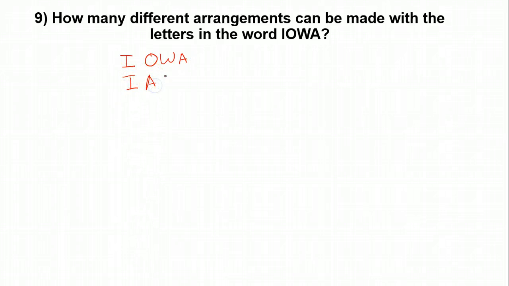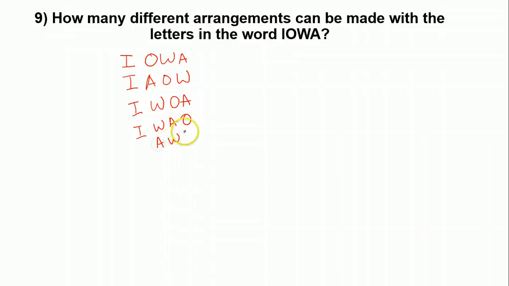What if I put A-O-W? Is there a different way I can write this, where O is last? Okay, so that's 1, 2, 3, 4, 5 different arrangements I can use.